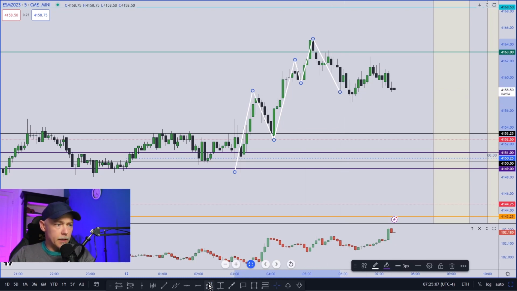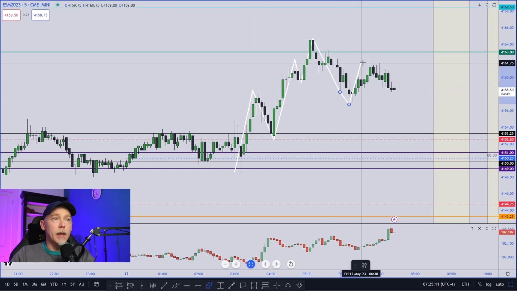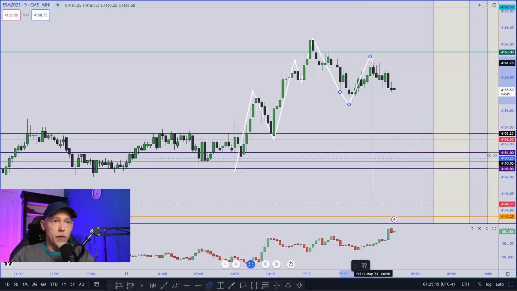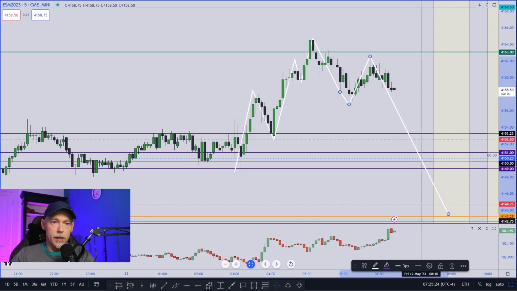Let me just mark that. So from here we went to a lower low, and then we made what appears to be a lower high at the moment. So my hypothesis is that price is going to keep moving lower. This orange line down here is yesterday's close, so I expect that to be a magnet for price.